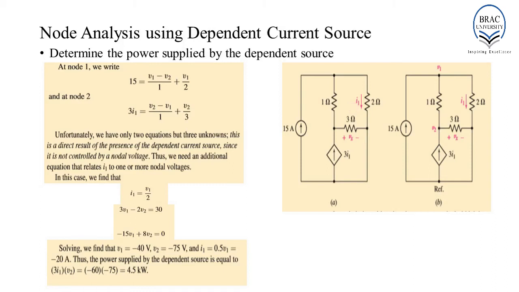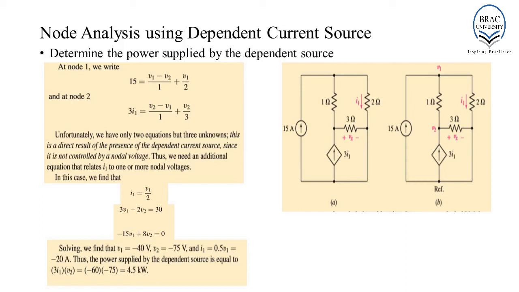The approach to solve this kind of network with node analysis is exactly the same as we have done in the previous examples. At first, we need to identify all the nodes. Then we have to assign a distinct voltage to each of these nodes. Then apply KCL to all the nodes except the reference node.